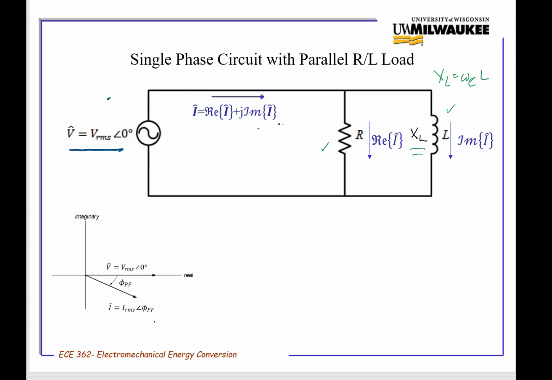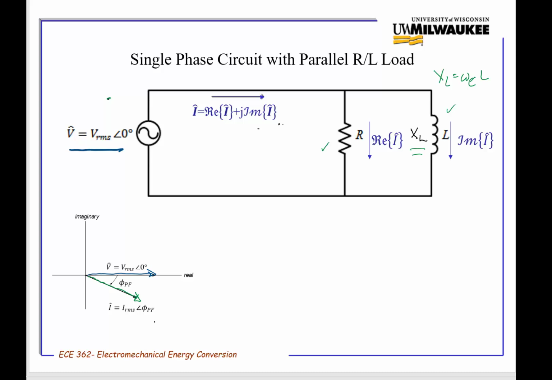That's our source, and it corresponds to this phasor here, all on the real axis. Because of this load, we are drawing a current, shown here. Since it's inductive, it has a lagging power factor.